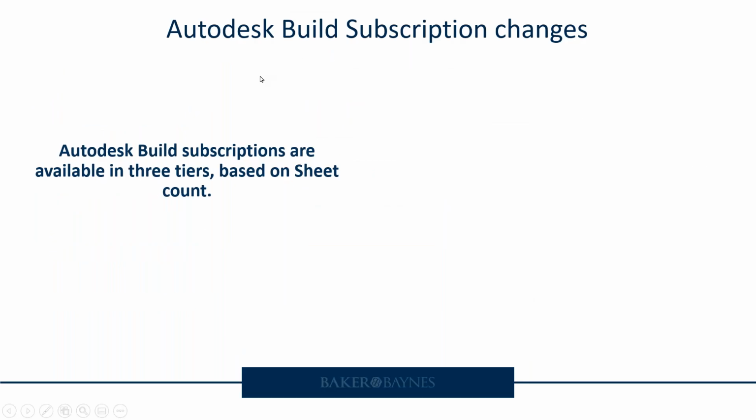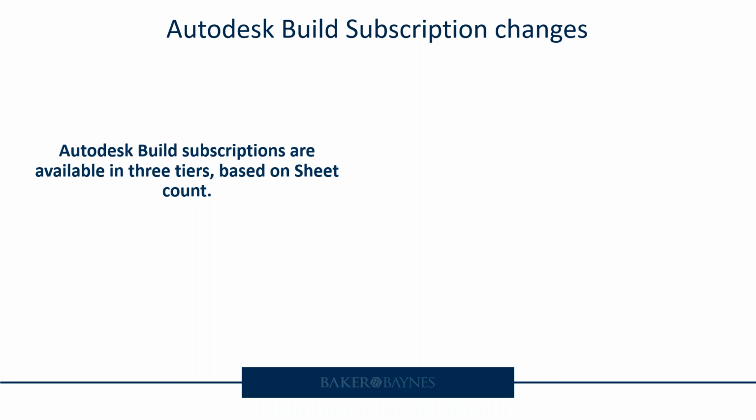Now, Autodesk Build subscription changes, something to mention here. If you are familiar with BIM 360 and BIM 360 Build or Docs, you might know that the subscriptions used to be available in user packs. So you would have the cost for 1, the cost for 10, the cost for 25, the cost for 100.